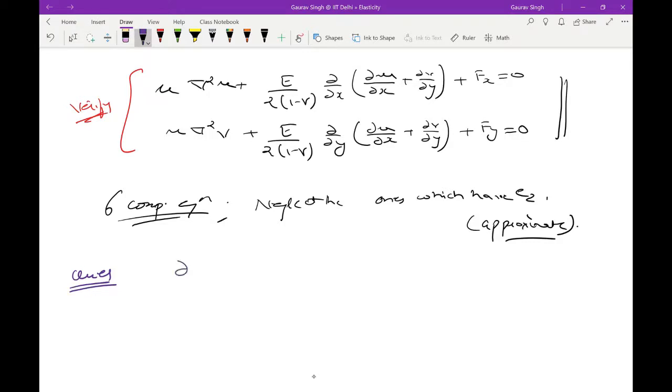So ∂²Ez/∂x² is equal to 0. ∂²Ez/∂y² is equal to 0, and ∂²Ez/∂x∂y is equal to 0.